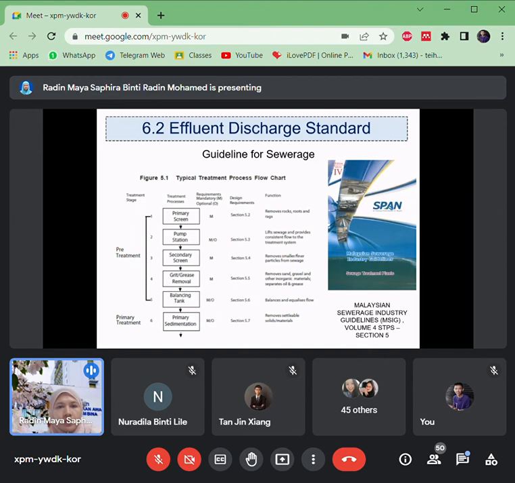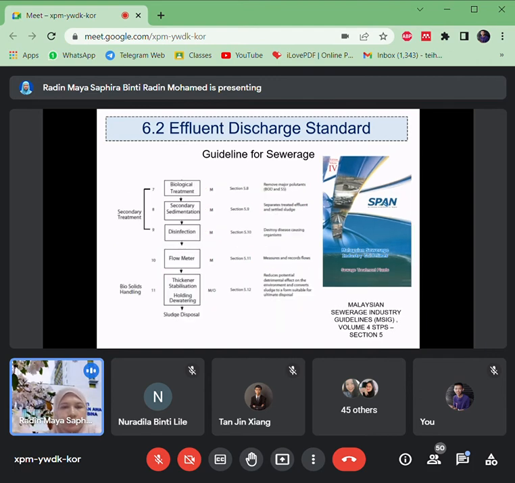So this is the typical treatment process flowchart. We have primary screen, the pump station, secondary screen, grease removal, balancing tank, and primary sedimentation. So this is under the Malaysian Sewerage Industry Guidelines.